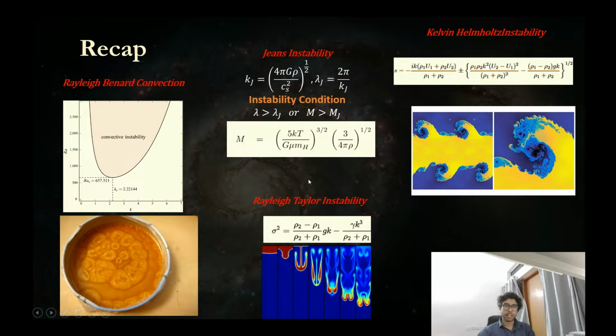That length scale is given by the Jeans wavelength lambda_J, which is given by this expression. And if the mass exceeds the Jeans mass, then that part of the matter will collapse under gravity.